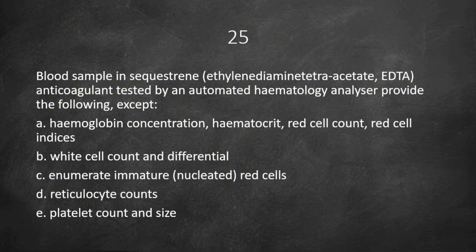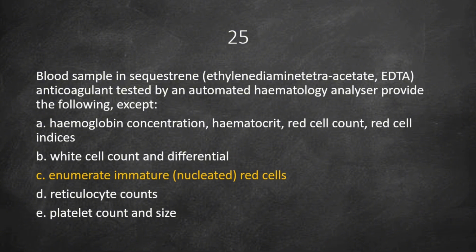Then B, white cell count and differential. C, enumerate immature red cells or nucleated red cells. Then D, reticulocyte count, and then E, platelet count and size. So the correct answer here is enumerate immature or nucleated red cells.